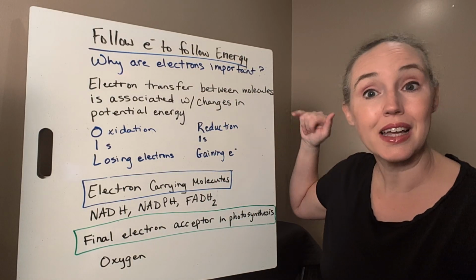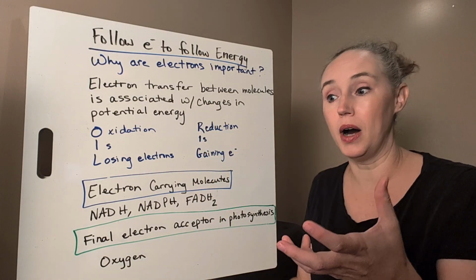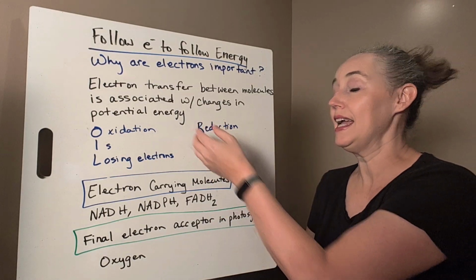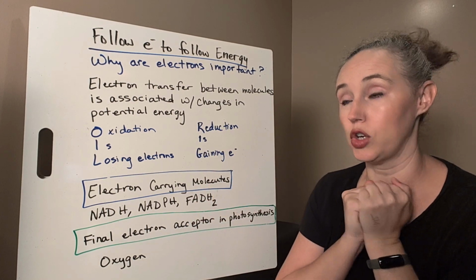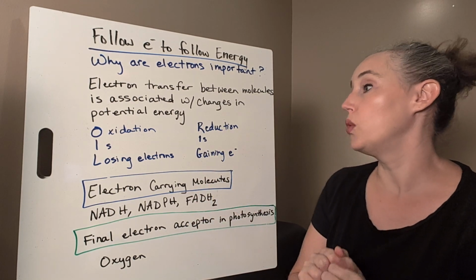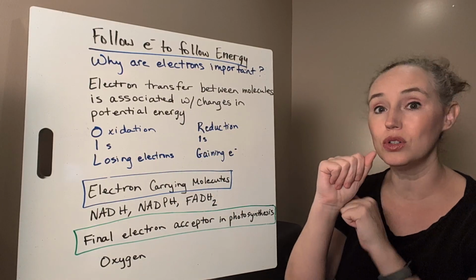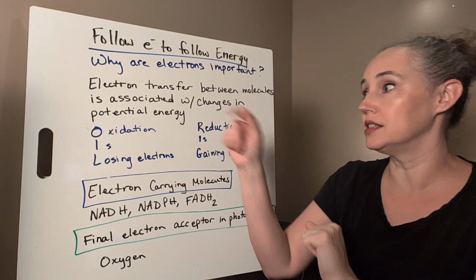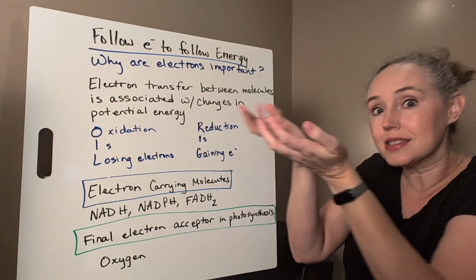Reduction is gaining an electron. So if a molecule is reduced, it has gained an electron and has become more negatively charged. And again, oxidation, losing electrons, is also associated with the giving of potential energy, and reduction is gaining that.